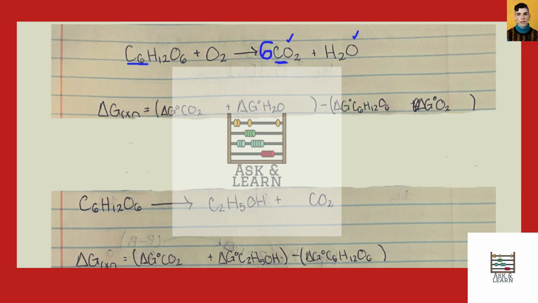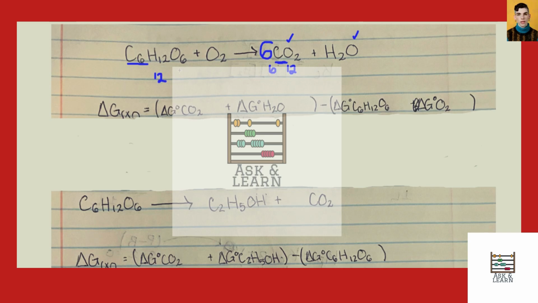And I suggest balancing with a pencil just so you can erase, because a lot of times I'll try a number and then erase it. Anyways, that gives us 6 C's on this side and 12 O's. So we have 12 H's over here.